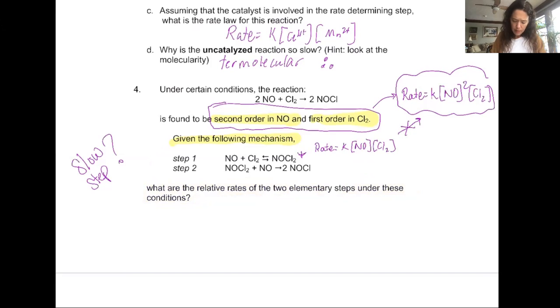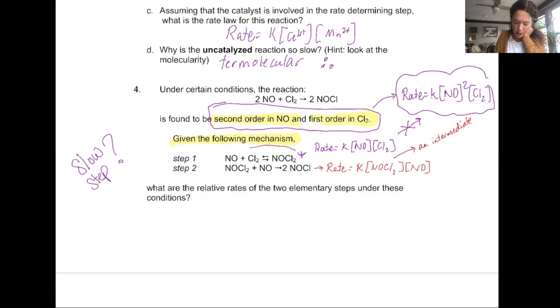Okay, now let's look at our second one. We have rate equals k [NOCl2][NO]. Okay, well, that doesn't work either, but this is an intermediate. So we need to redefine and plug in for it.